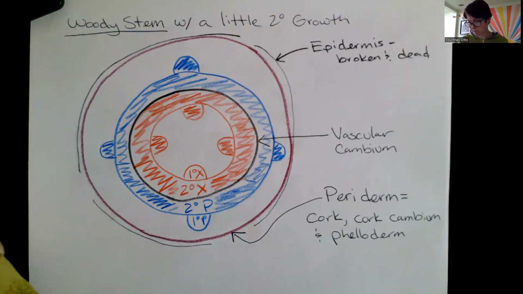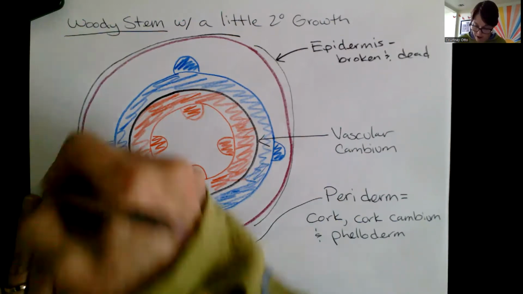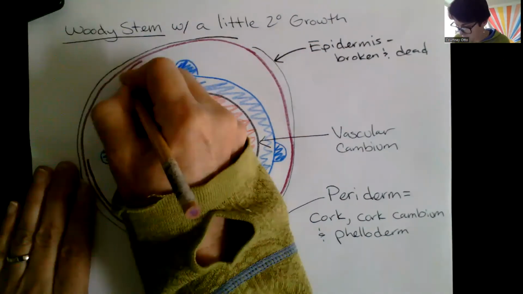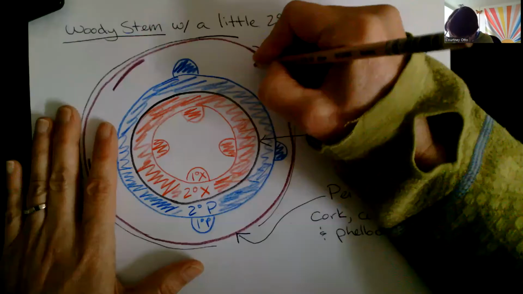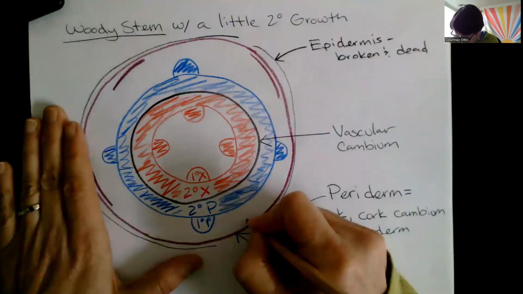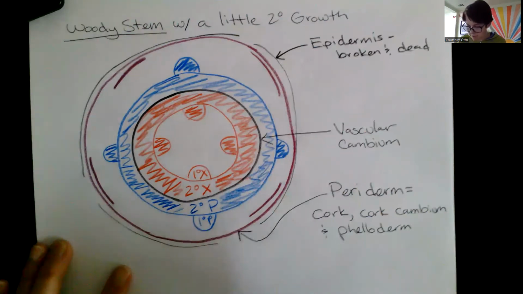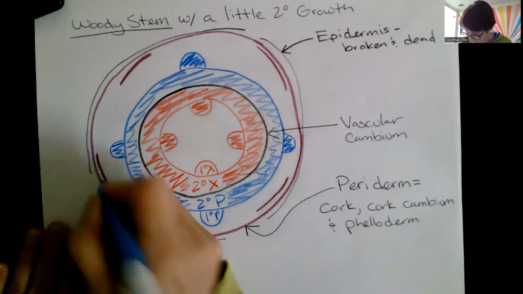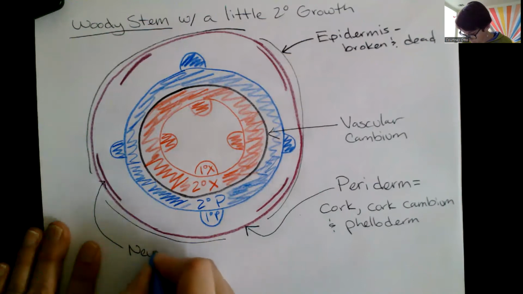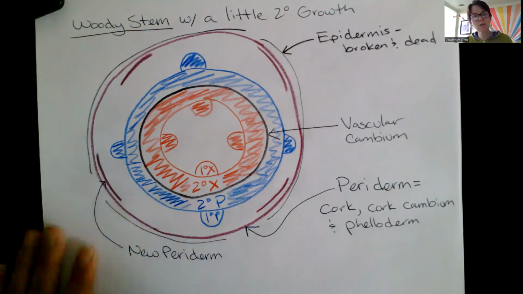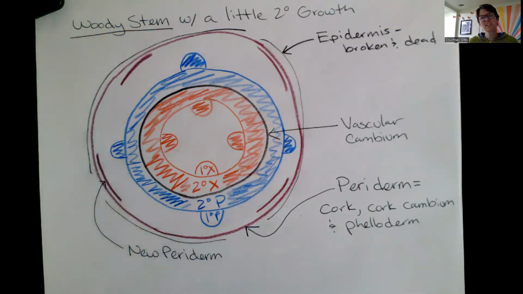So we're eventually going to see new periderms form. And each one of those just represents a new periderm, a new one that's forming inside of the old one. Just because the old one is getting stretched apart, it's breaking, it's dying, just like the epidermis did before.